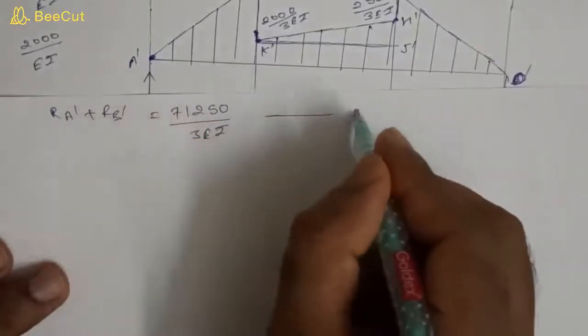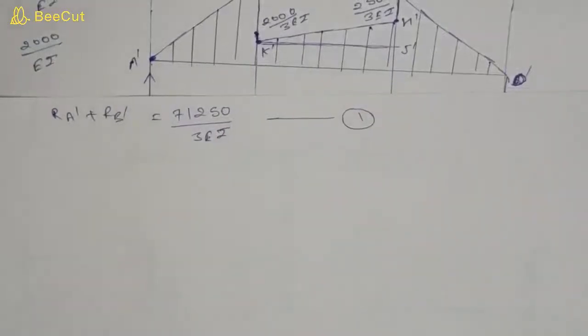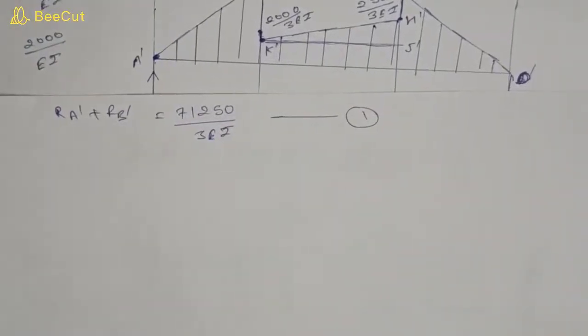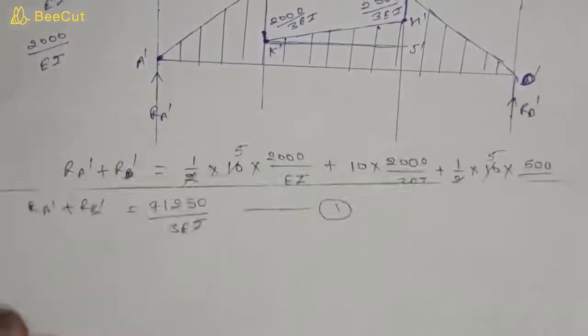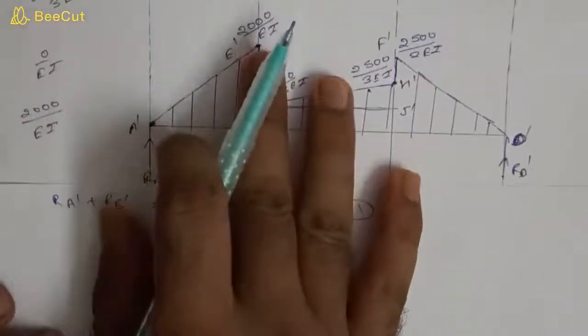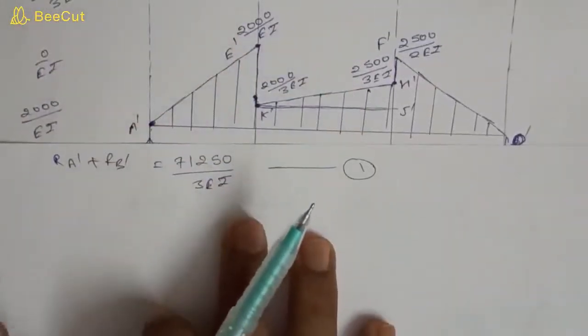This is equation number 1. Now if we take moment about point A dash in this conjugate beam, then the moment about this point should be 0.